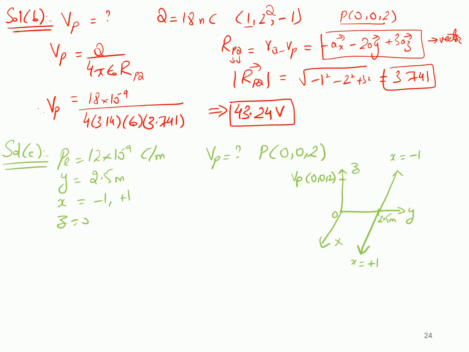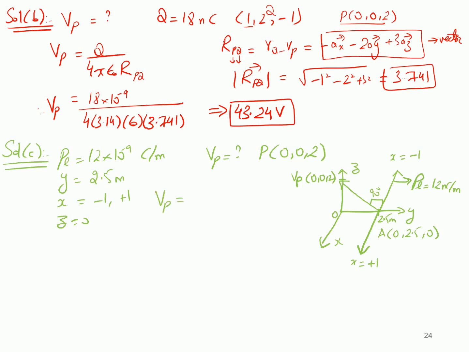Obviously we will now move perpendicularly from this line towards this point on Z. Again, this will make a 90-degree angle with the line where we have the value of rho L as 12 nanocoulomb per meter. Let me call this point A, where the location of this line is at 0, 2.5 and 0. So we need to find the potential at P for the line.